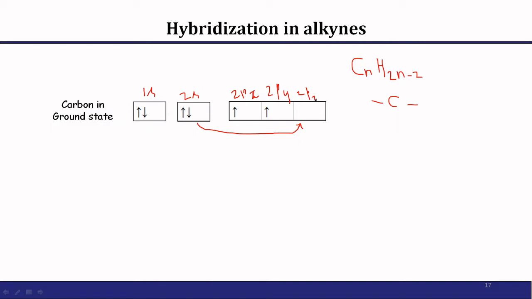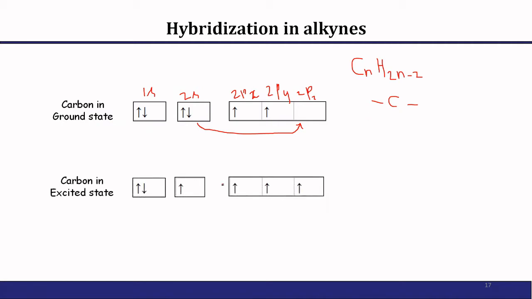So here carbon is going to combine with two more atoms. Hence it needs mixing of the 2s and one of the 2p orbitals. Since two atomic orbitals are mixed, it will generate two sp hybridized orbitals.